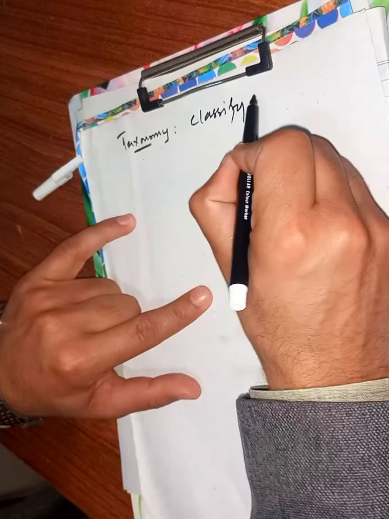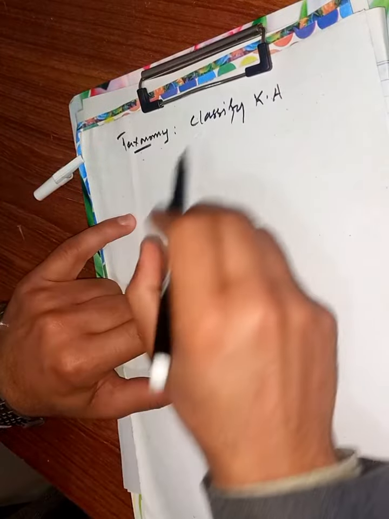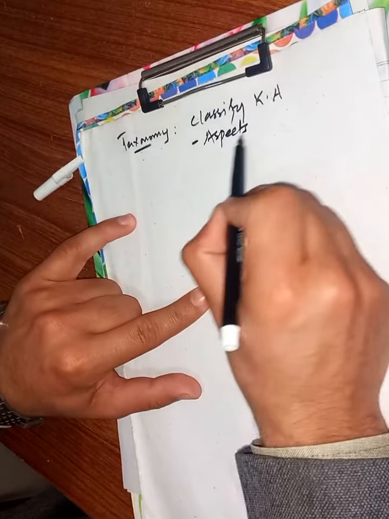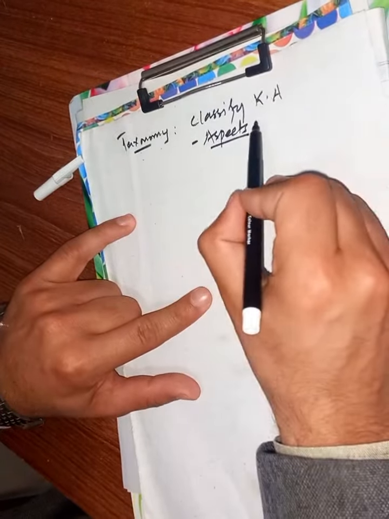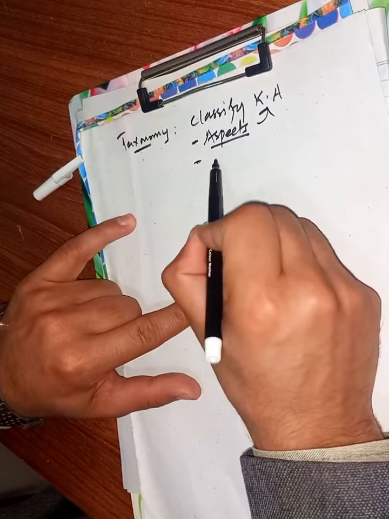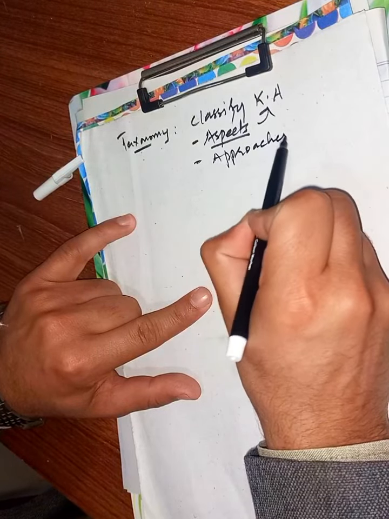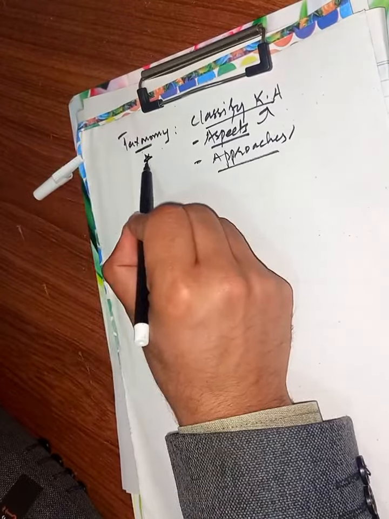What are the different aspects, and what are the different approaches that we take into consideration while classifying the kingdom Animalia? That's why taxonomy is important.